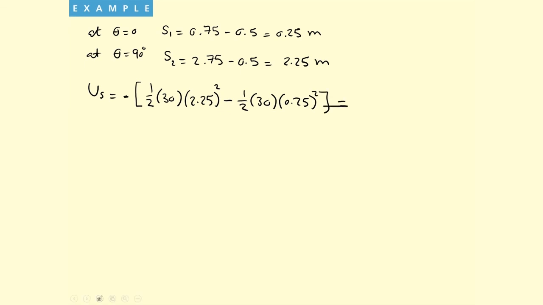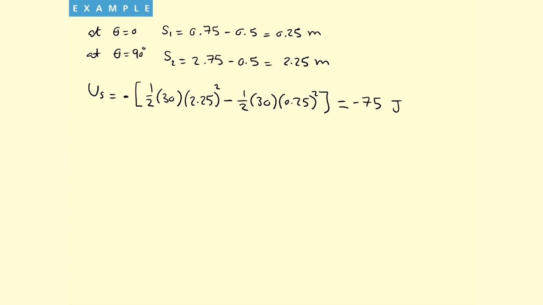This should give you the final value for the work done by the spring force, and it is equal to 75 joules. Okay. Finally, I forgot to add the minus. Remember that the work done by the spring force is always negative. So this is minus 75.